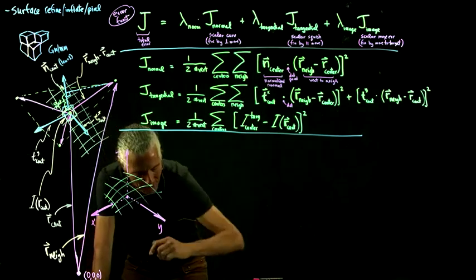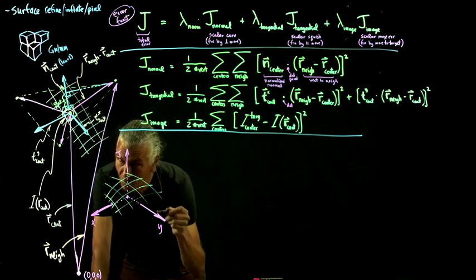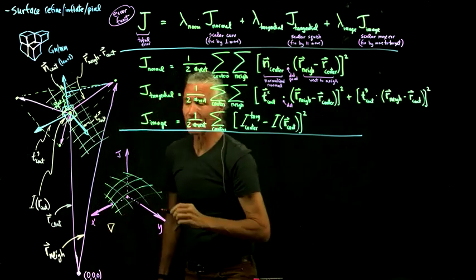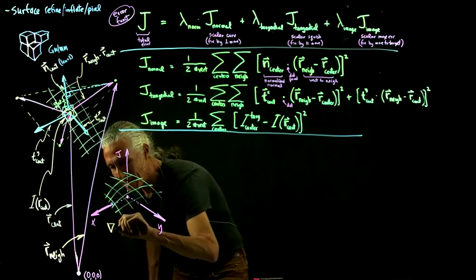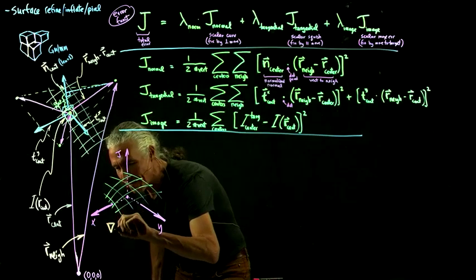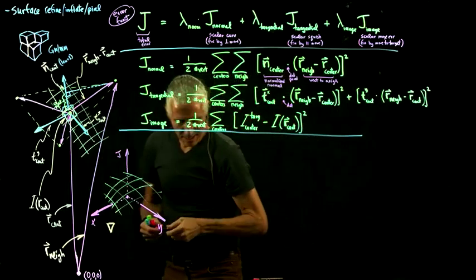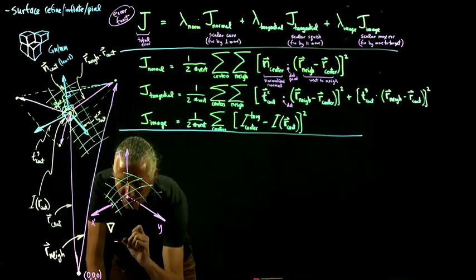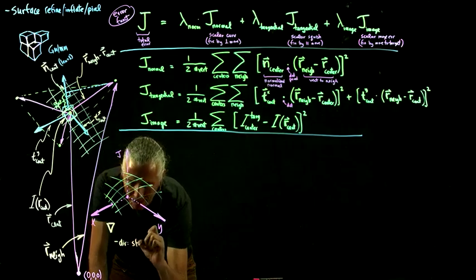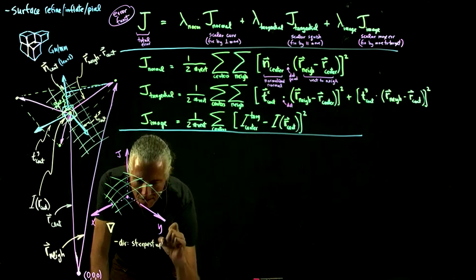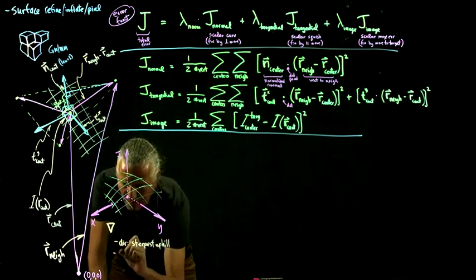I'll talk about this 2 lectures from now to define what it is. And what is it? Well, the direction is the steepest uphill direction, and the length is how steep.